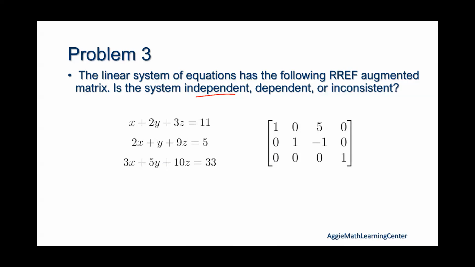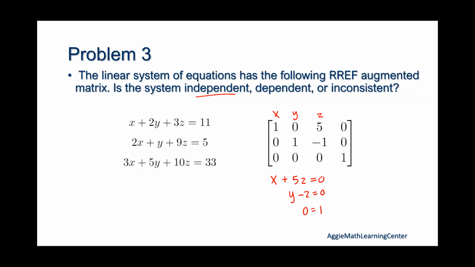And so the way that you can figure that out is, like she said, we can plug in, like, this is our x column, this is our y column, this is our z column. So if we set this up, we would have x plus 5z equals 0, y minus z equals 0, and then 0 equals 1.